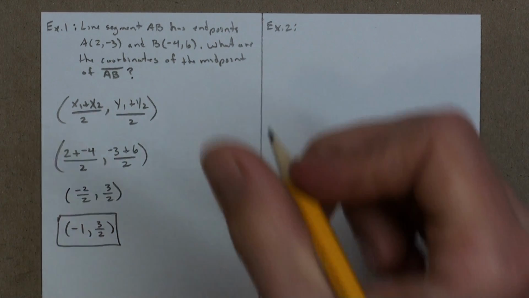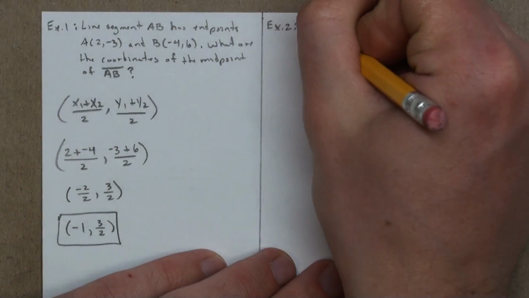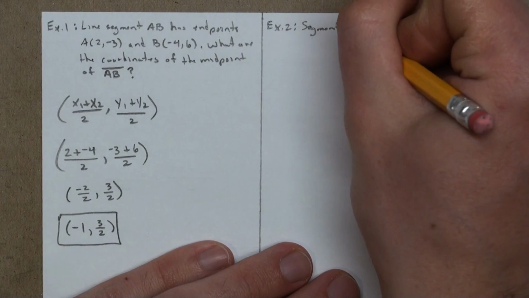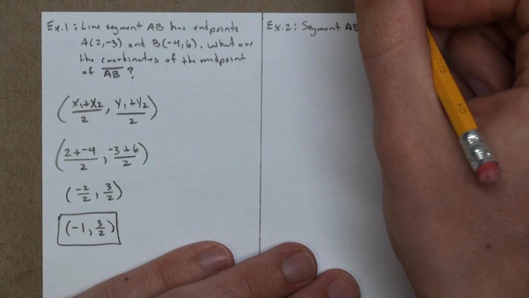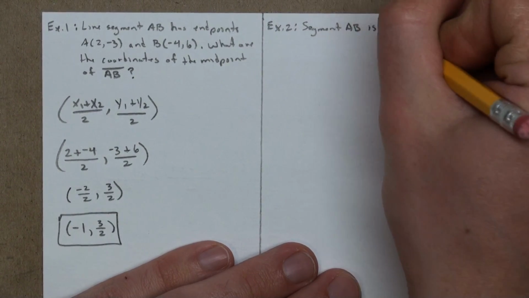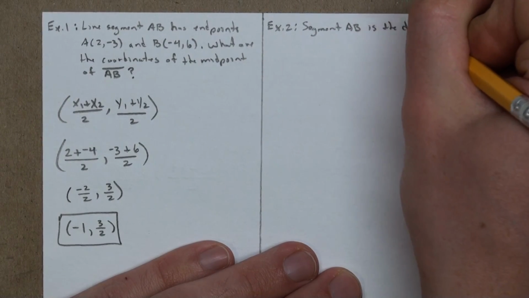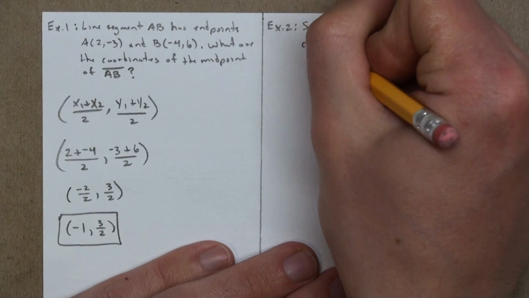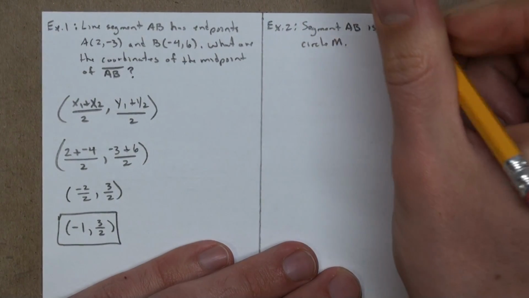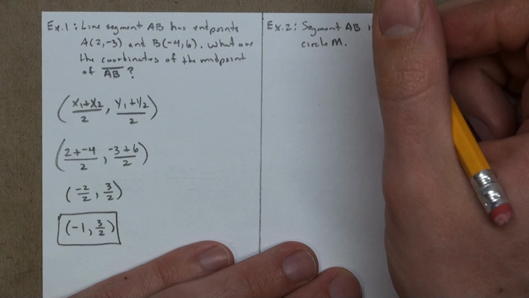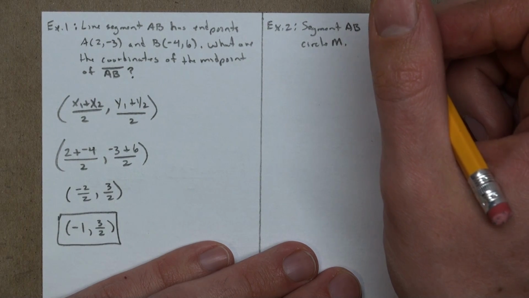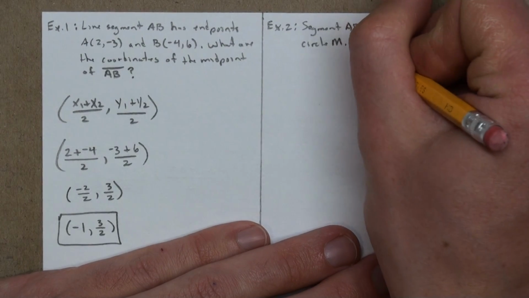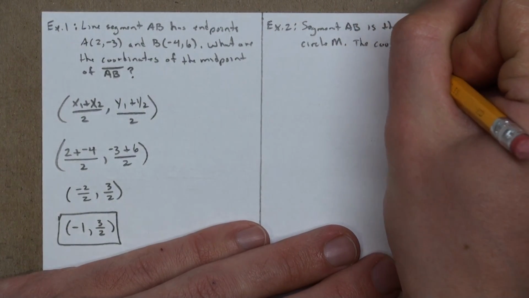Segment AB is the diameter of circle M. The coordinates of A are -4, comma, 3.